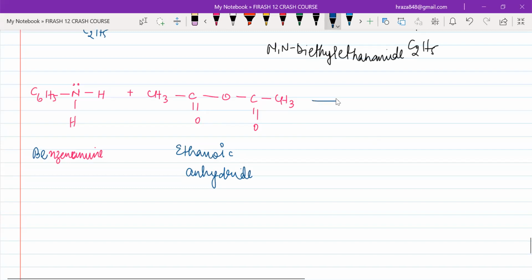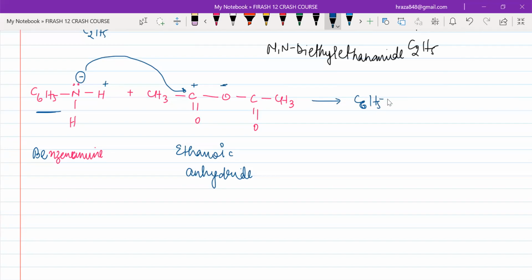So what are you going to do? It's very simple. This will have negative, this will have positive, this will have positive, this will have negative. So negative will go with positive. So I'm going to write this part first. As you can see, this is your C6H5 and then nitrogen and then H. And this positive will go to this negative, and this nitrogen will be directly connected with this.